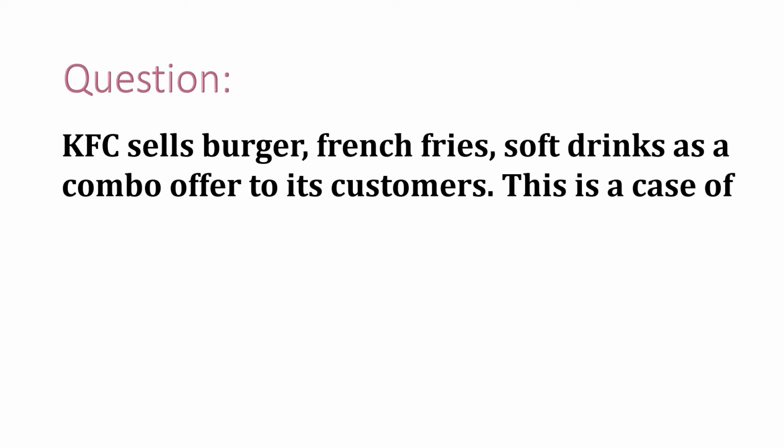The next question. KFC, that is Kentucky Fried Chicken, sells burger, French fries, soft drinks as a combo offer to its customers. This is a case of what type of supply? The answer is mixed supply.